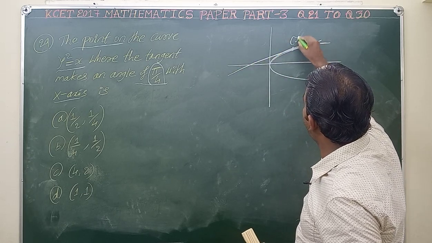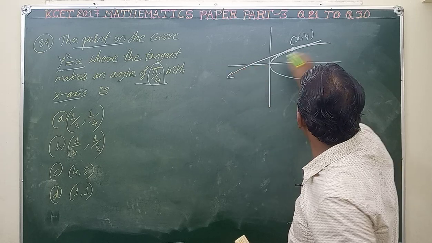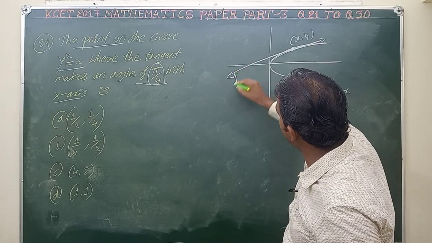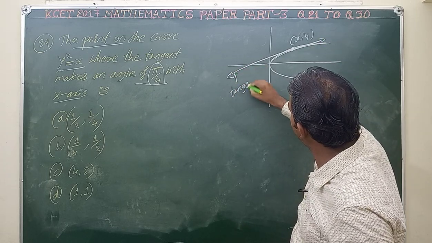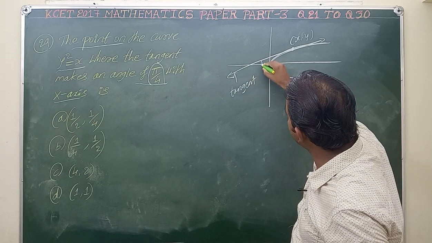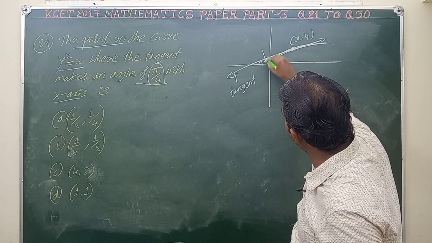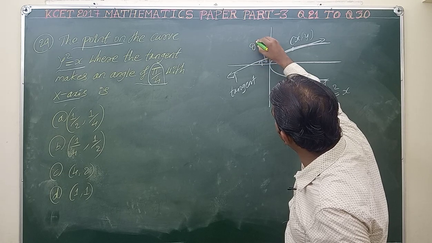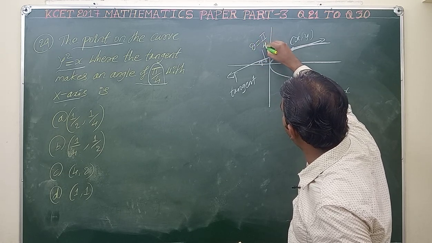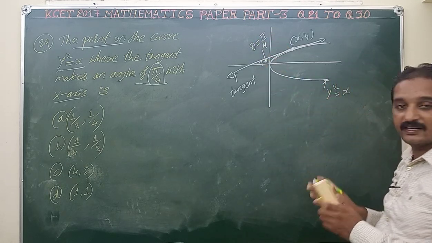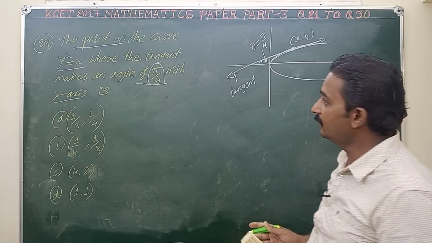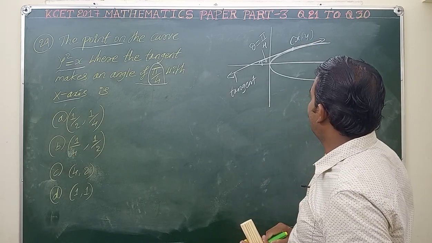We have to find out this point. So inclination is given, this is the inclination. Inclination is given pi by 4. This is theta. Theta is equal to pi by 4. Using both first year and second year concepts, we have to find out the point of contact x comma y.